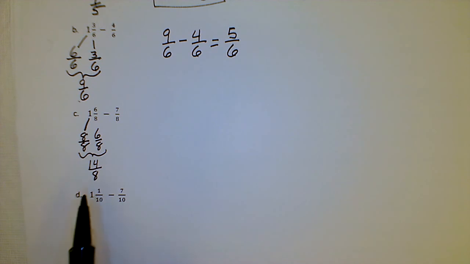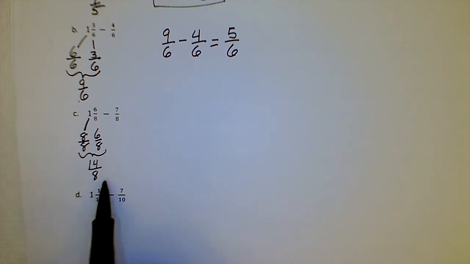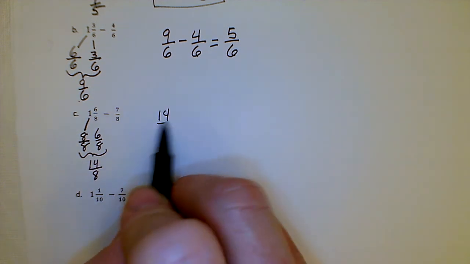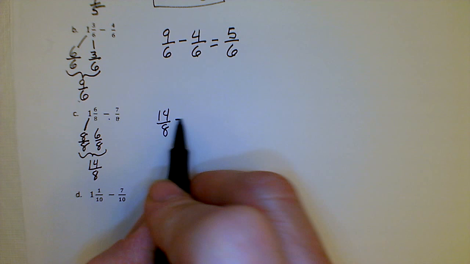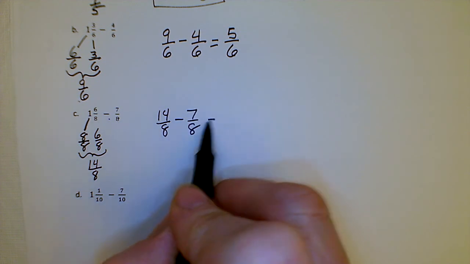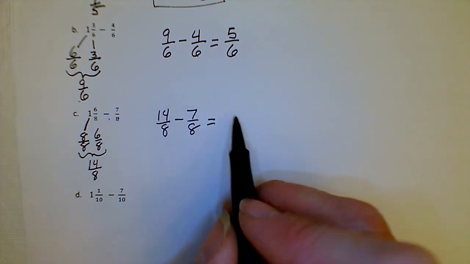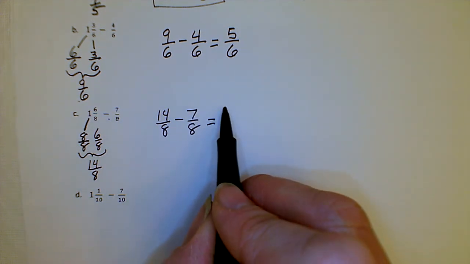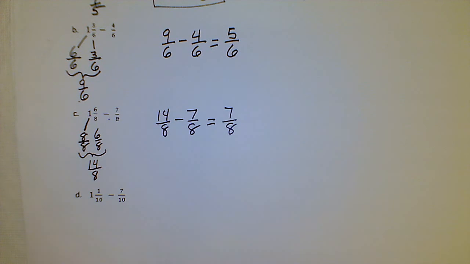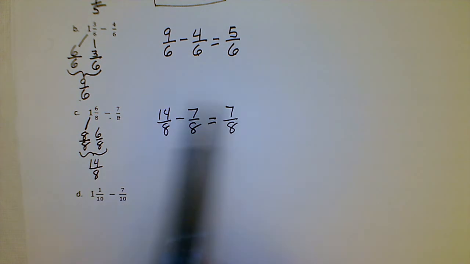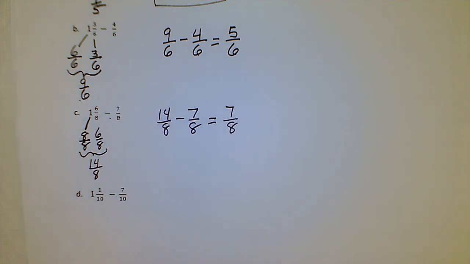So now I want to take that 14/8, and I still want to subtract 7/8 from it. I want to do 14/8 minus 7/8. That's equal to 7/8. Okay, I hope that this is making more sense now and that we're keeping it really simple.